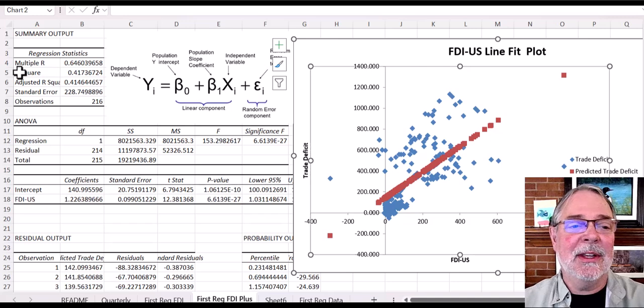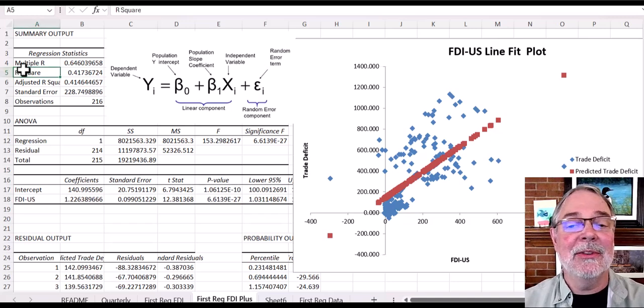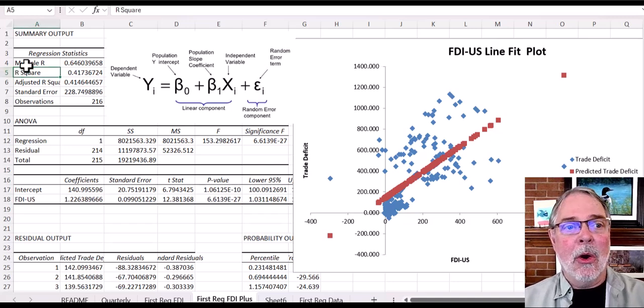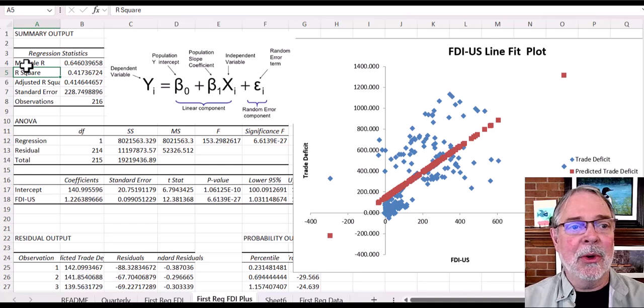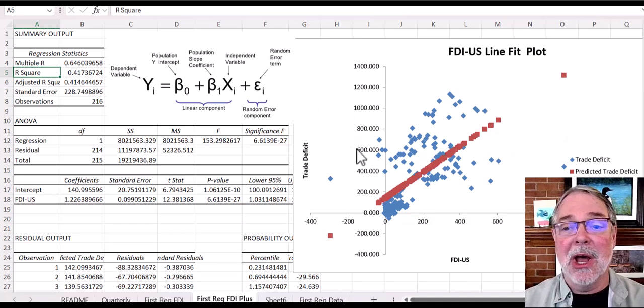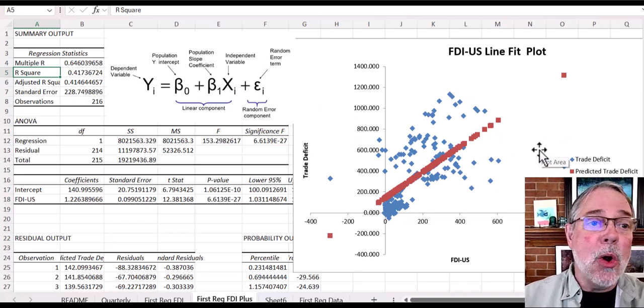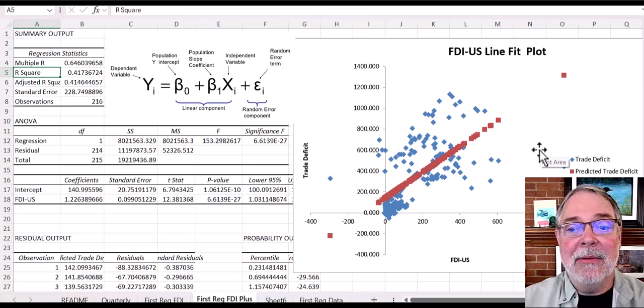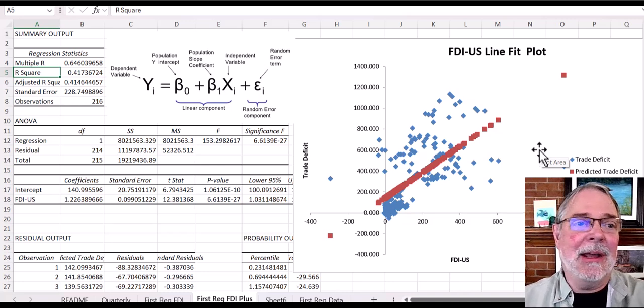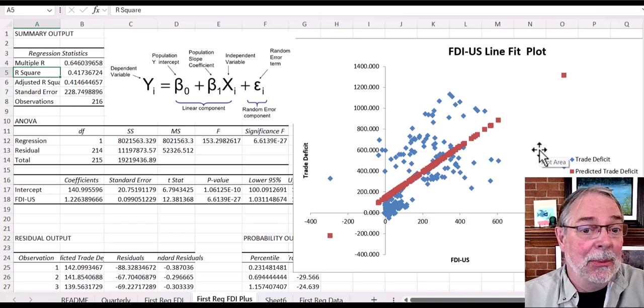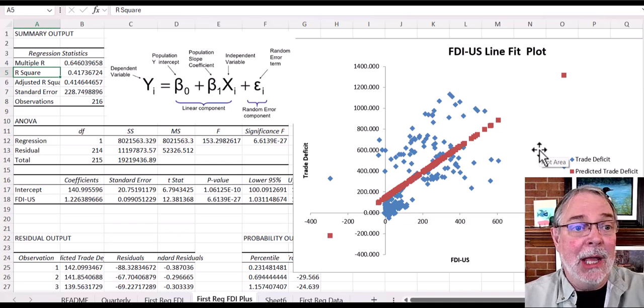This statistic, without going into how it does it, compares all of those errors that we get from this line. It compares it to what would occur if we used the mean value of the trade deficit, which would give us a horizontal line as a prediction. If we had no data about the independent variable, our best prediction for y would be the mean.